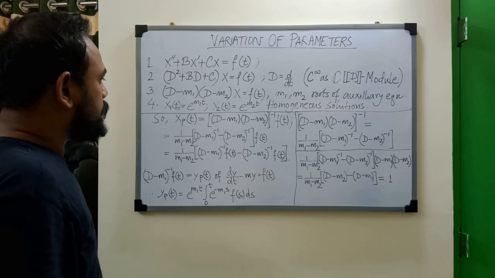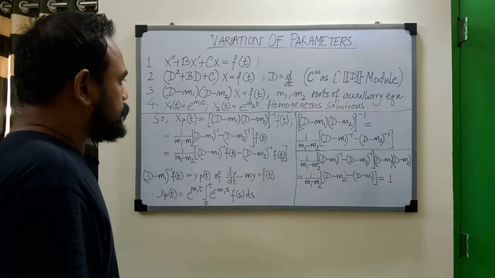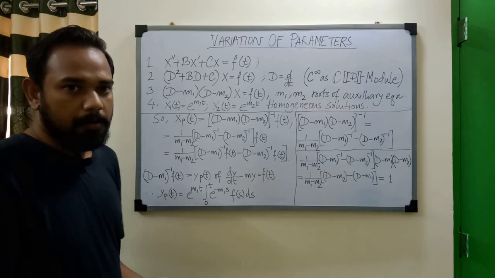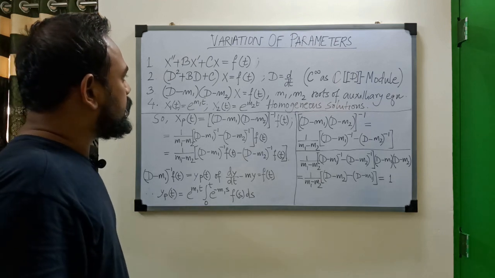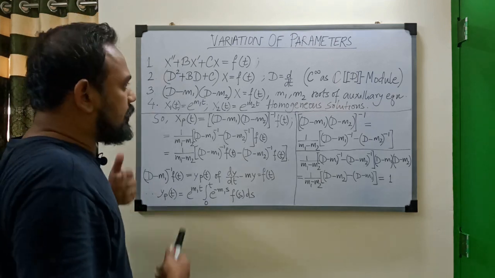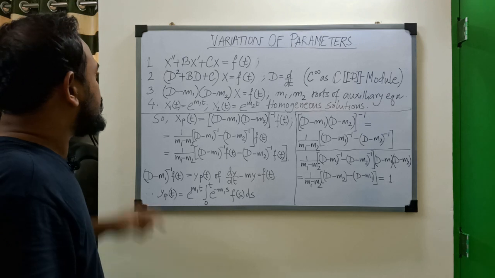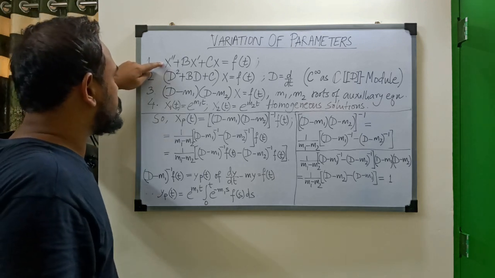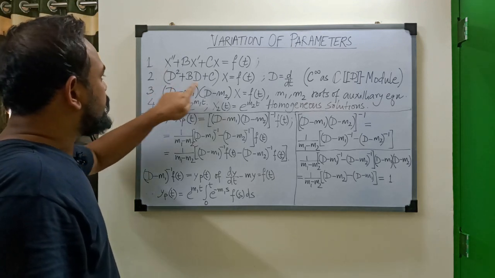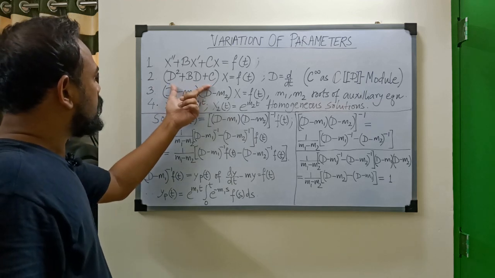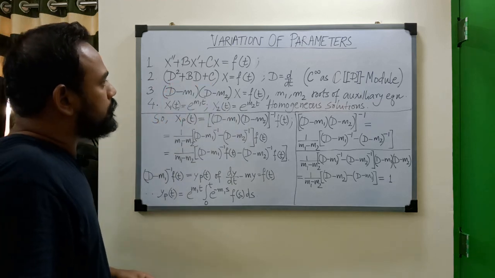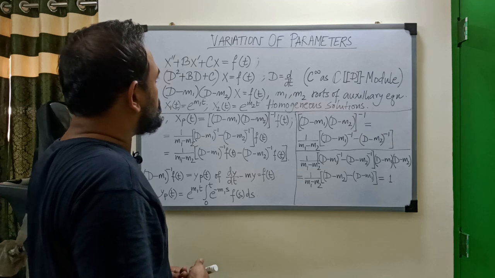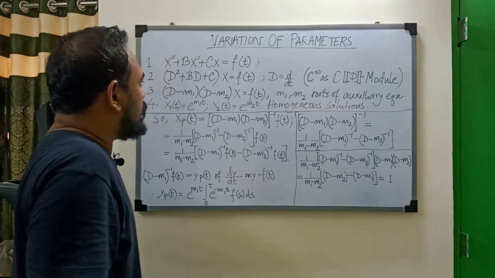Now we will refer to some of the new techniques that we have learned. We learned about the D operator method, and we can say now, after having learned that method, that this differential equation can actually be written as this operator, which really is an element of the ring of formal power series.